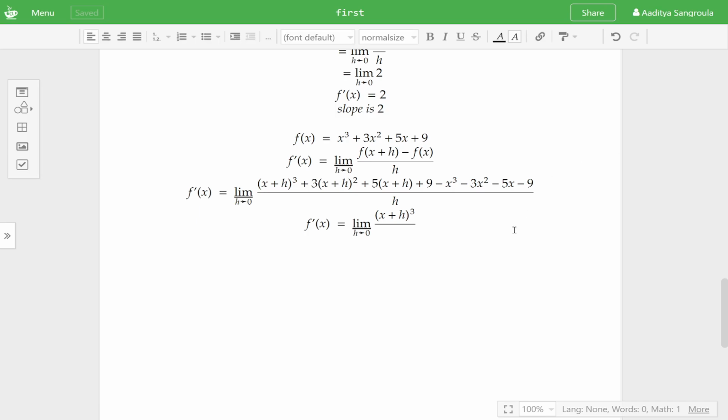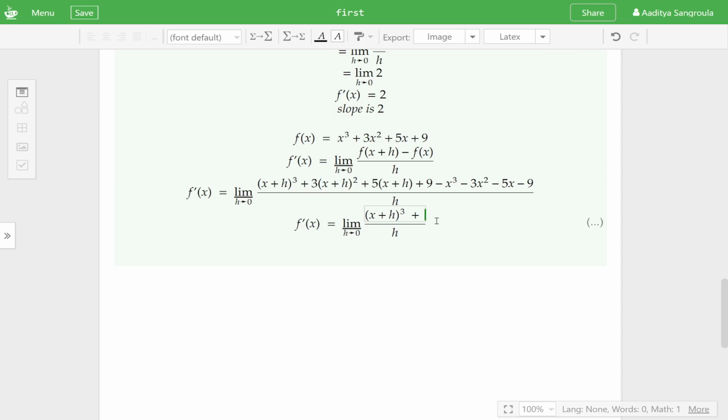So that's going to make the thing a bit shorter and cleaner, divided by h, and plus 3x squared plus 6hx plus h squared, and then plus 5x plus 5h plus 9, and copy all these things.